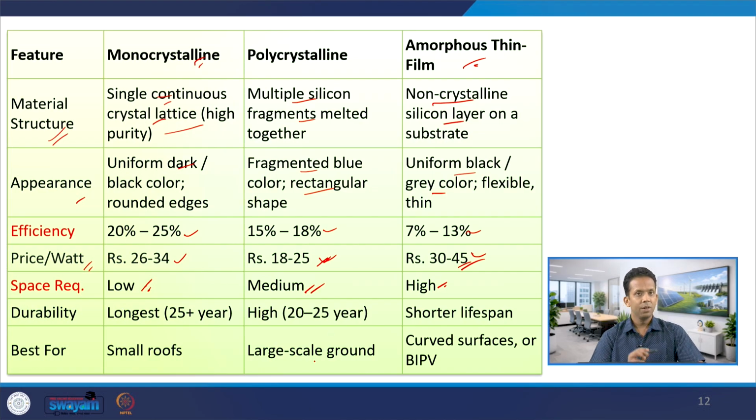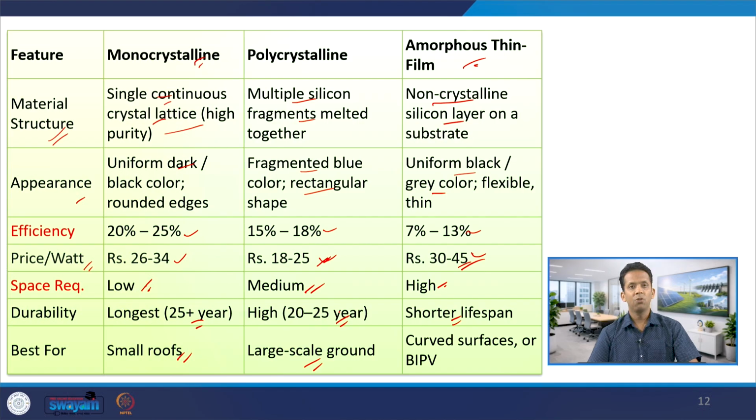Durability: monocrystalline has the longest durability, followed by polycrystalline, and amorphous has a shorter lifespan. And so far as use is concerned, monocrystalline is good for houses or remote locations or small roofs, wherever we have less land, or on top of buildings.